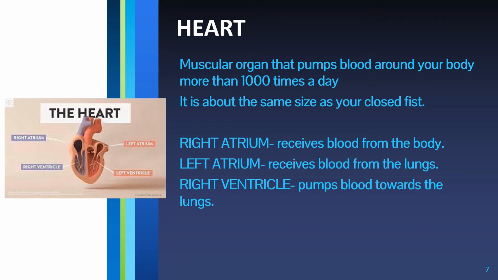Right ventricle pumps blood towards the lungs. Okay, sa lungs naman mapupunta ang blood kapag right ventricle. And left ventricle naman po is pumps blood towards the body. Okay? So, that is our heart.